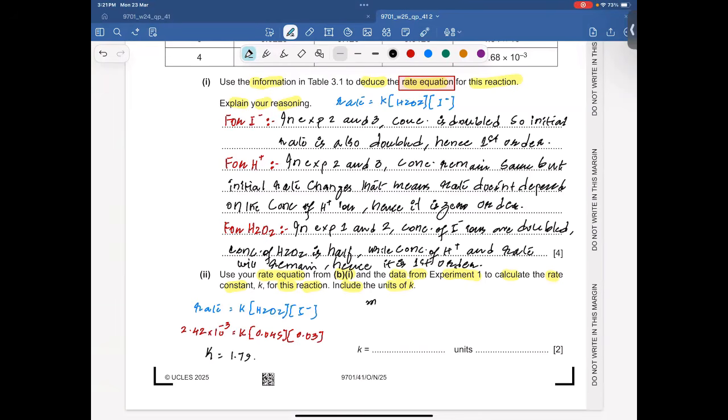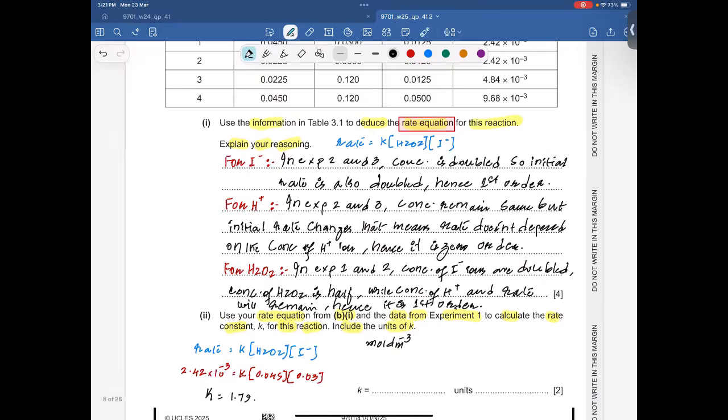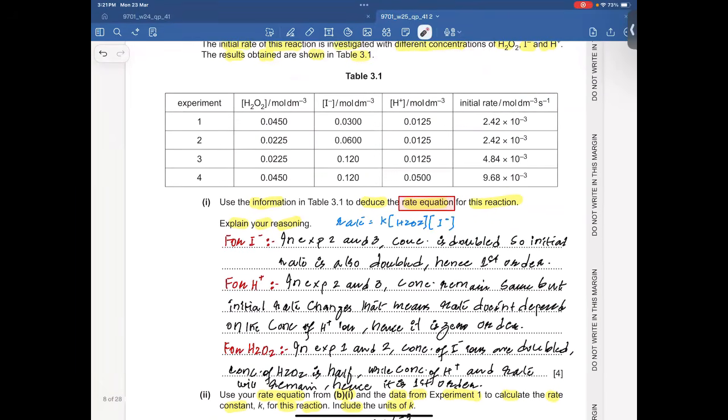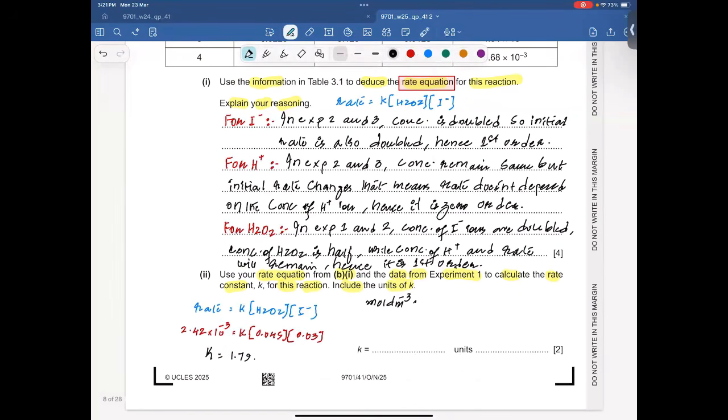All right. Rate has a unit of mole per dm cube per second. It's given here, equals K. The unit of concentration is mole per dm cube. So it's going to be mole per dm cube for H2O2 and mole per dm cube for iodide ions.